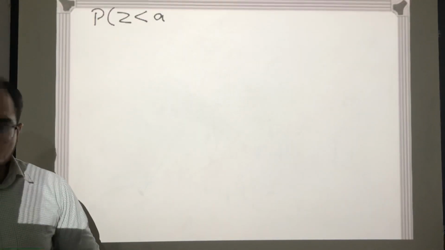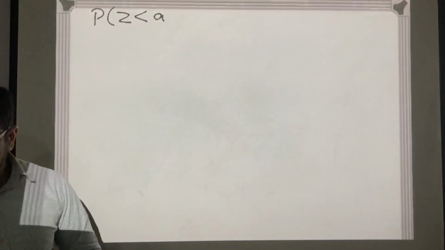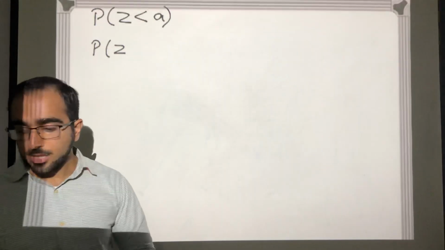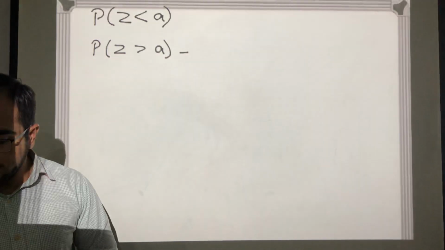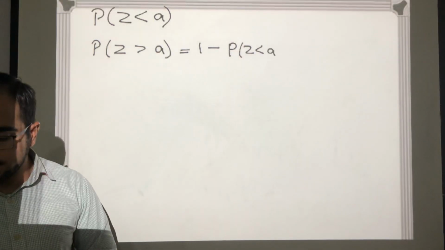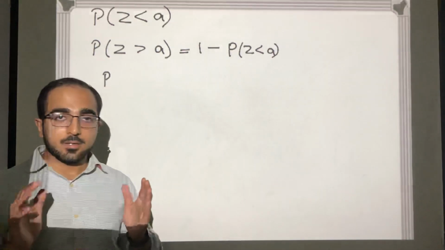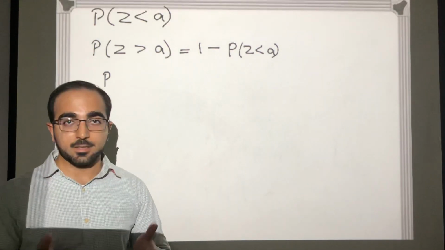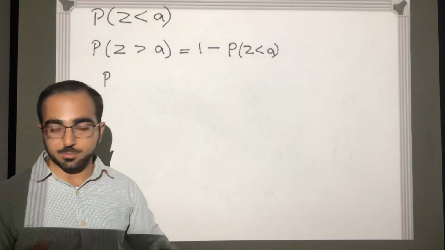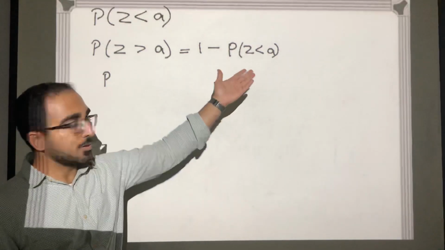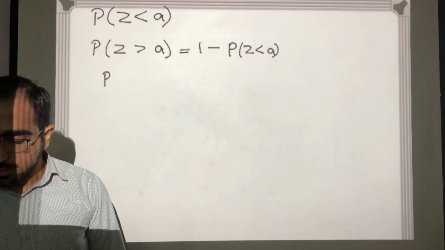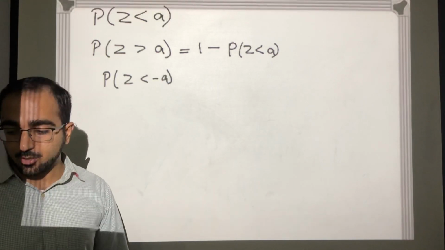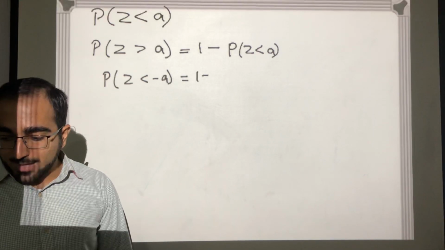Now let me generalize all of the things that we've done. So when you have probability of z less than a, that is the normal one that you would read. So if you get z greater than a, it's equivalent to 1 minus z less than a. Just keep in mind that the normal distribution table will give you values that are less than a certain number. And that is why I'm writing it all in those terms. So if it is z less than minus a, the second example that we took, it will be 1 minus z less than a.